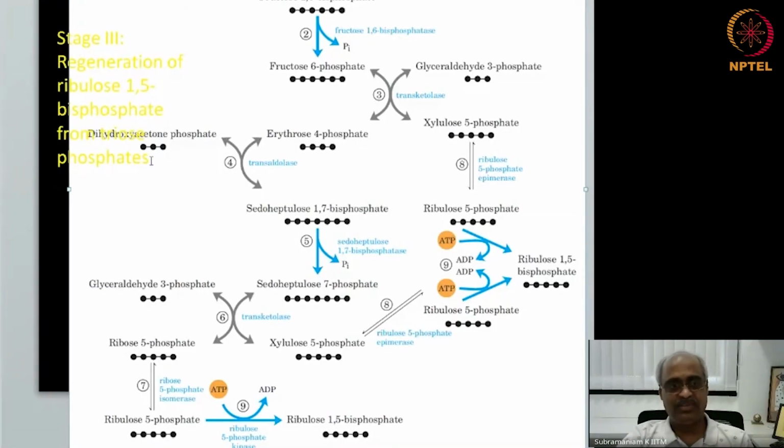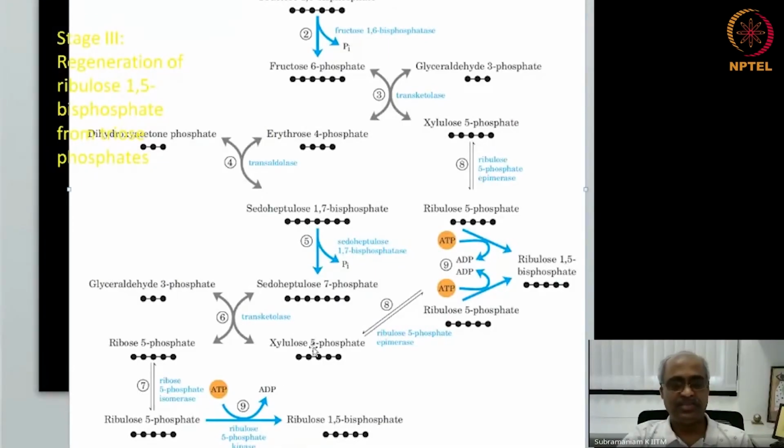First one we saw, then second one, and third one here. And that produces 2 pentoses, one aldose and one ketose, a keto sugar. And these molecules isomerize, losing or gaining a phosphate, to become ribulose 1,5-bisphosphate.